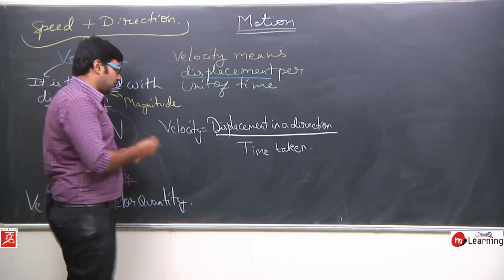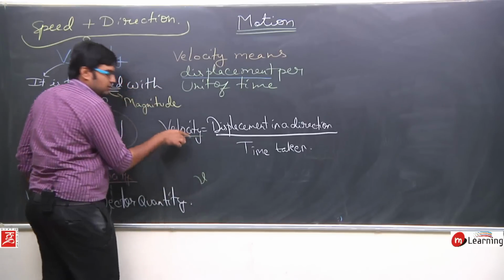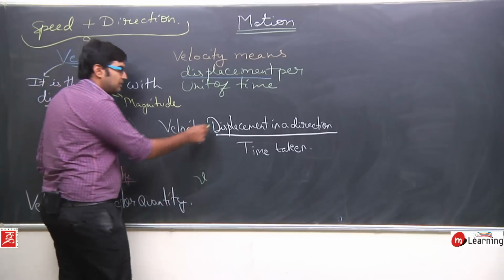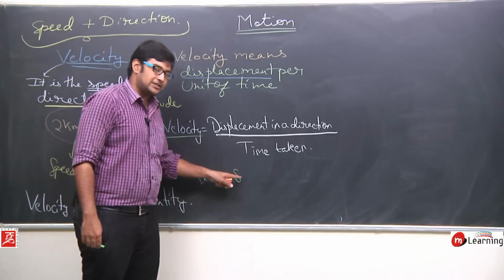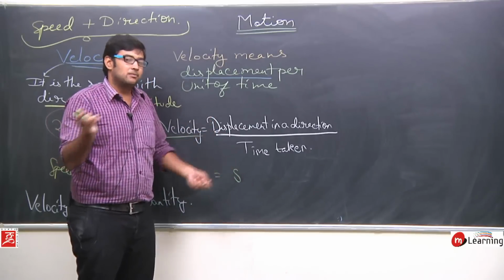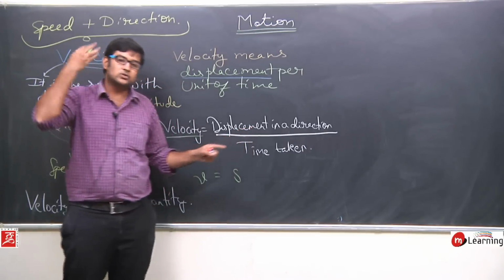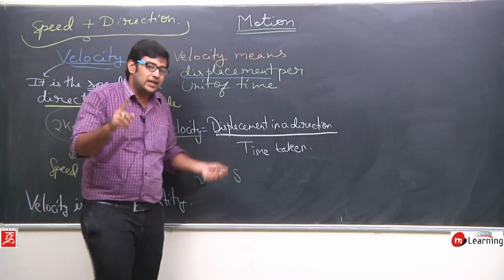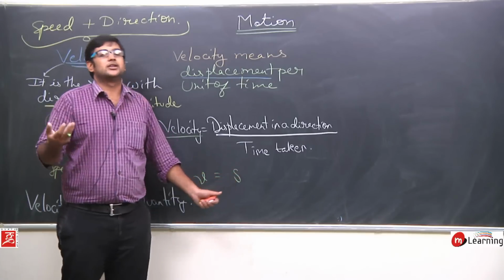Now, how to represent velocity: V is used to denote velocity. Displacement is generally denoted by S. You might get confused that S means speed, but you have used it in your earlier classes; from now on always use V for velocity or speed and S for distance or displacement.